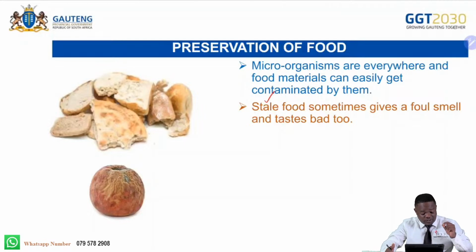And if you eat that food, definitely you get ill. So the question is, how do we preserve our food? How do we keep it fresh? I'm sure that already in mind, we have got typical examples on how we preserve our food.